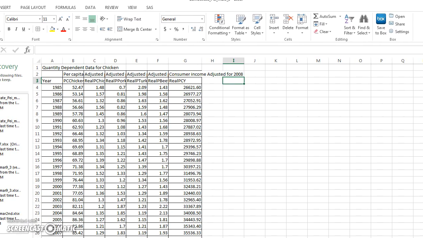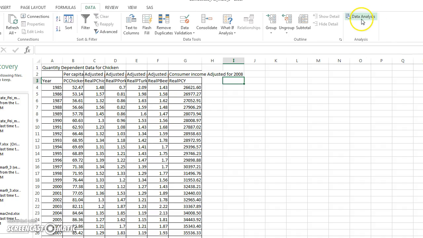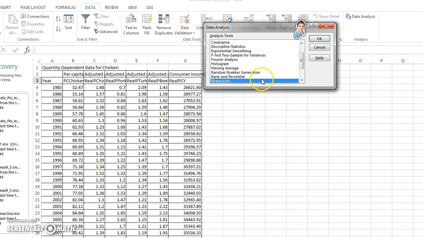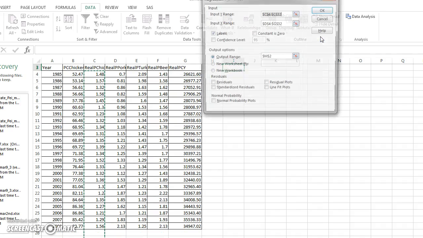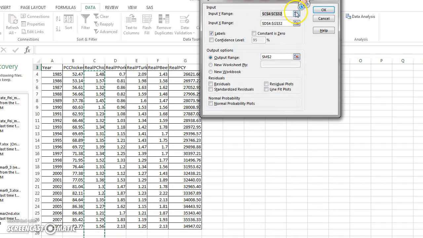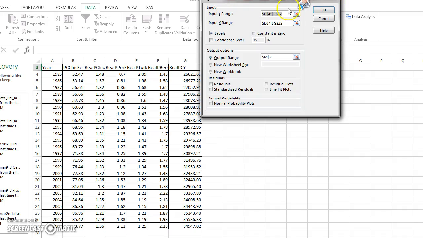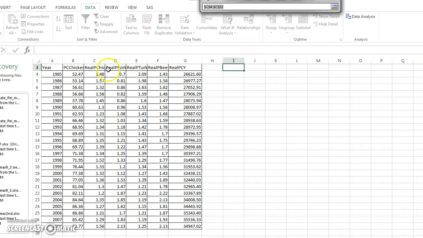We're going to first of all go to Data. We're going to click our old friend, Data Analysis. We're going to choose Regression, click OK. In my Input Y Range, I am going to pick my per capita consumption of chicken.